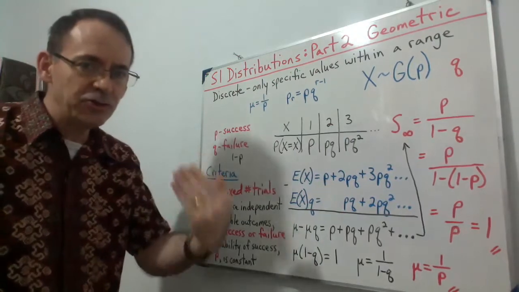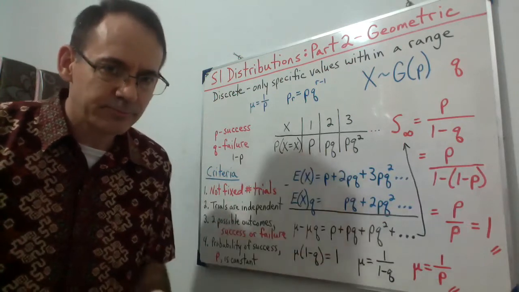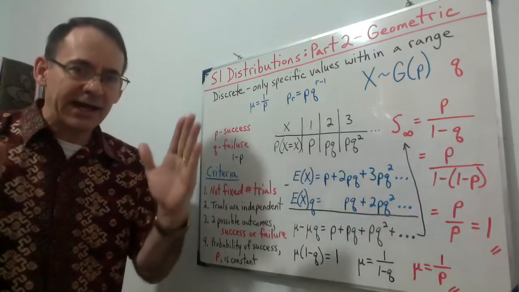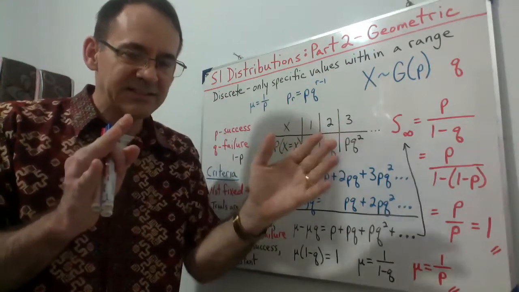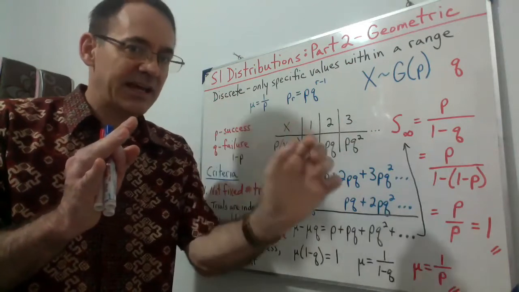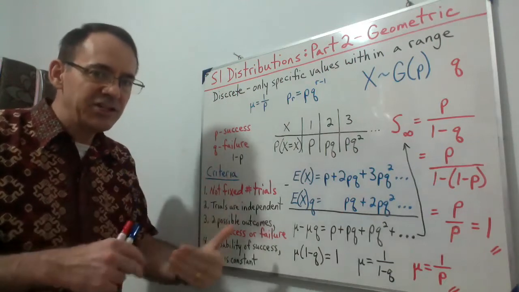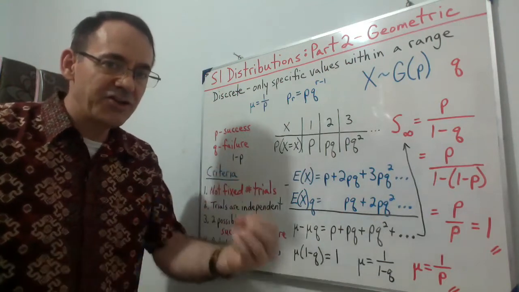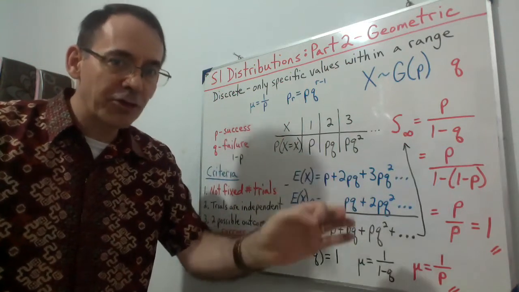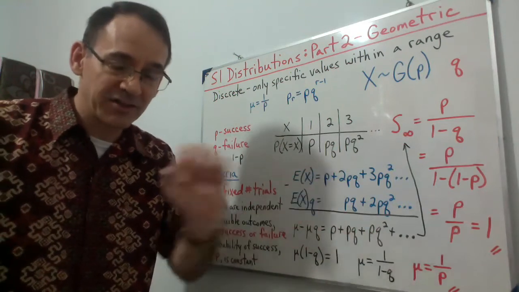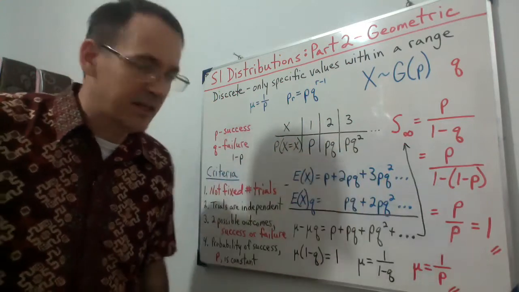You continue to have trials until you have the first success. Whereas in binomial, you had a set number of trials, and within that set, a certain number of successes and a certain number of failures. In the geometric, you continue your trials until you reach a success, which is going to happen on the rth term. So r is the subscript, the rth term within this sequence.